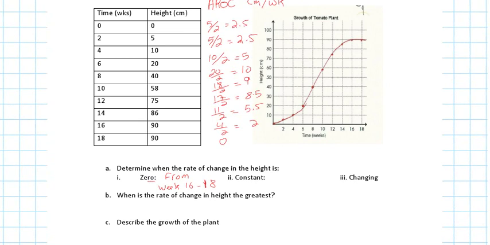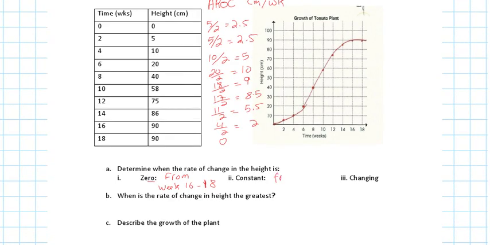So from week 0 to week 4. Because this is going to give you 2.5, right? And this is going to give you 2.5, right? So the constant is going to be between these two differences.